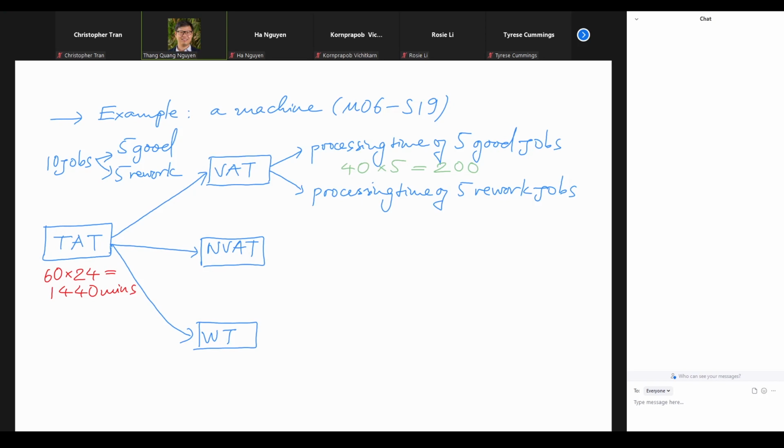I would like to ask the whole class, when we talk about the processing time of five rework jobs here in the value added time, do we count the first attempt or the second attempt? Please feel free to type your answer in the chat window. Do we count that in the first or in the second attempt?